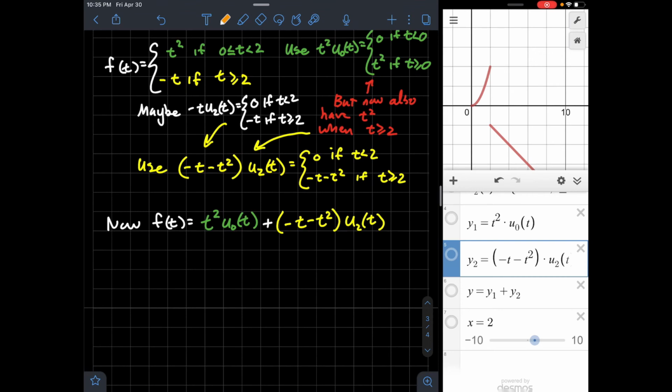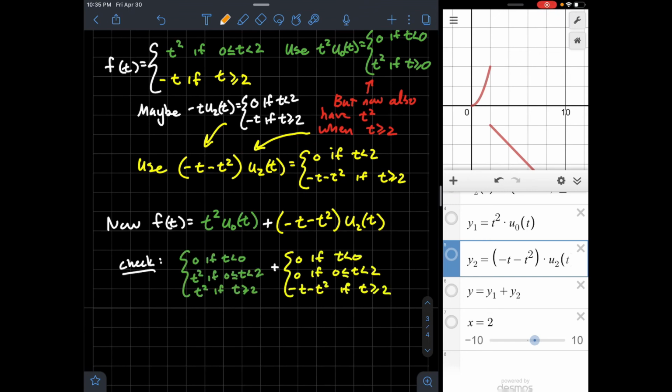Just to show you how you can check your work, in case some of this still feels funny, let's write out what the green and the yellow actually are as piecewise functions, so that the intervals I'm considering match every time. I want to add these functions together, so I add the formulas for the corresponding domains. This piece would be 0 plus 0 if t is to the left of 0, which is just 0.